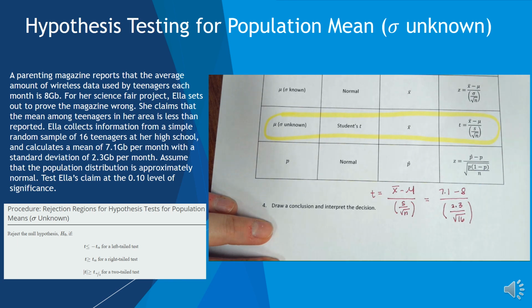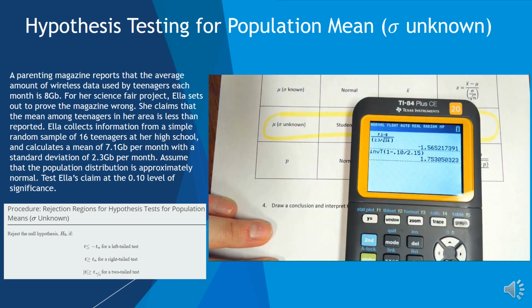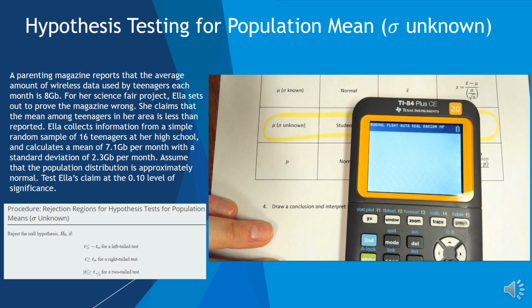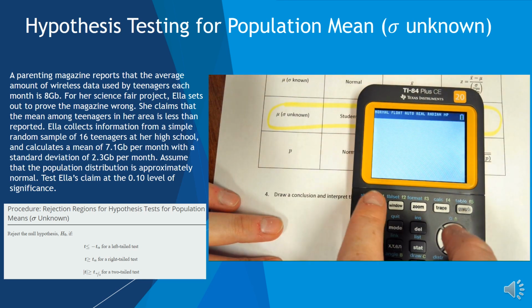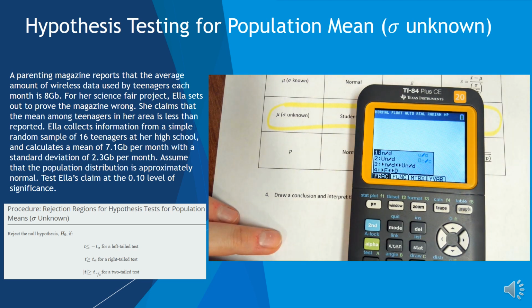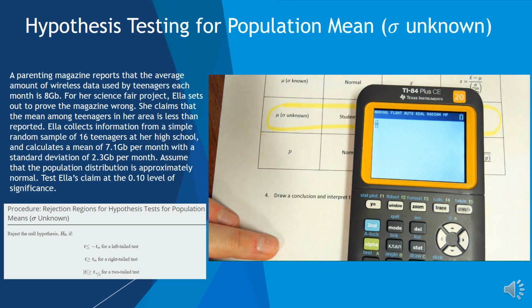Now let's plug that in the calculator. Again, I'm going to use this little secret menu, alpha y equals. If you have a TI-83, then you don't have this menu, but TI-84 and above, you should have that menu. The numerator is 7.1 minus 8. Just be really careful as you're typing this in.